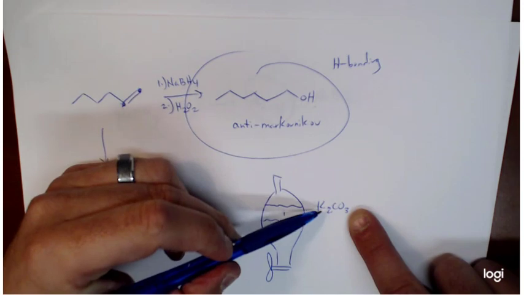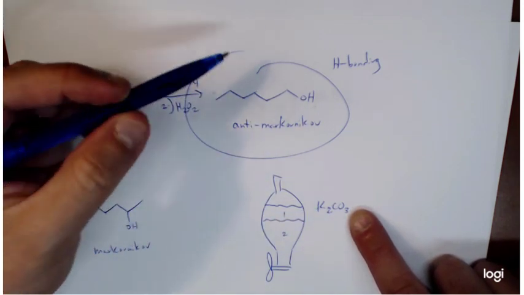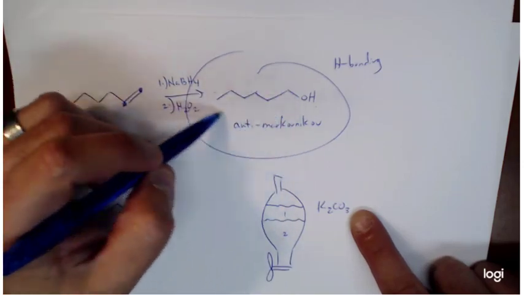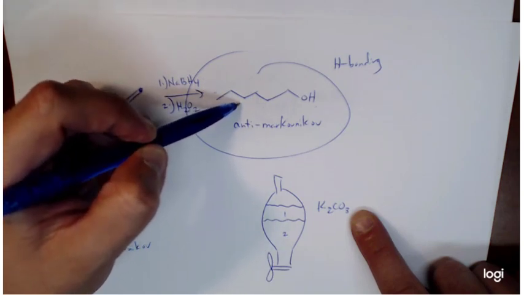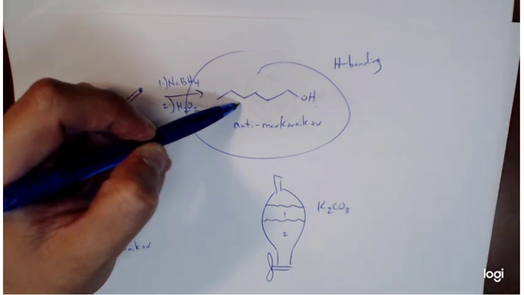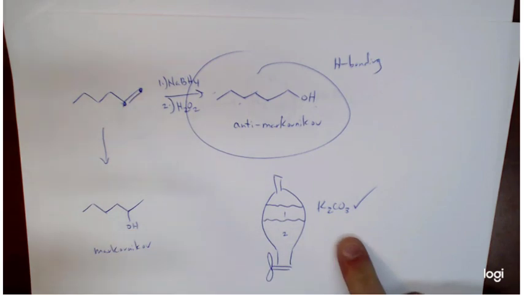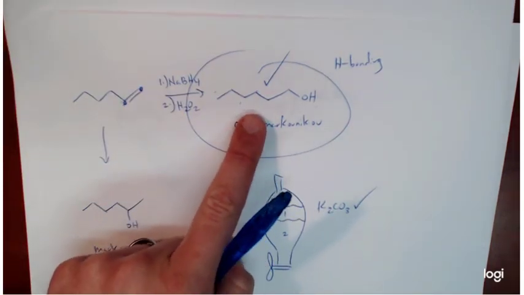And if you look at this structure, it has a very large non-polar chain to it, a 6-carbon non-polar chain. So it changes the solubility of this molecule to where it is less soluble in water and highly soluble in an organic layer. So when your procedure talks about adding that potassium carbonate, it's so that you can push all of this product into the organic layer.